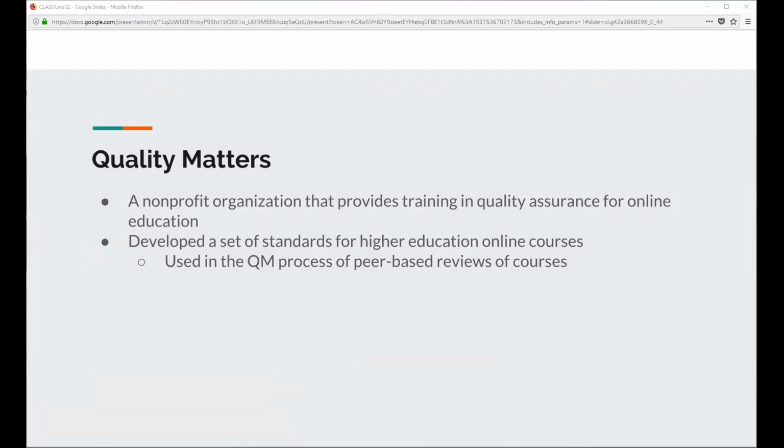Okay. So Quality Matters is a nonprofit organization that provides training in quality assurance for online education. This organization developed a set of standards for higher education online courses, and these standards are then used in the QM process for peer-based reviews of courses.